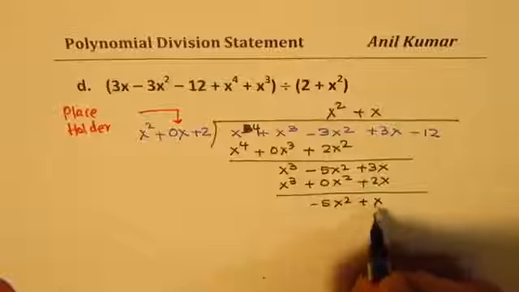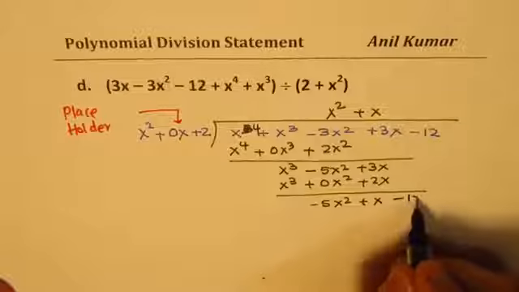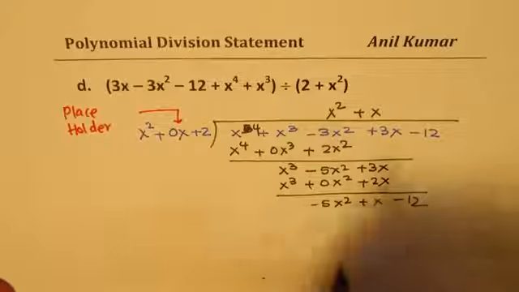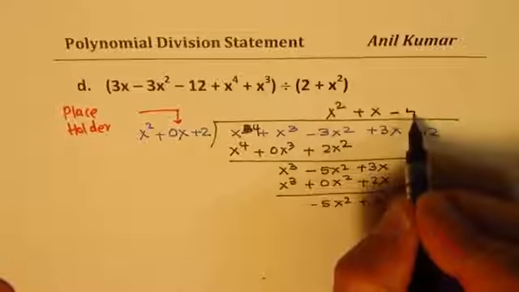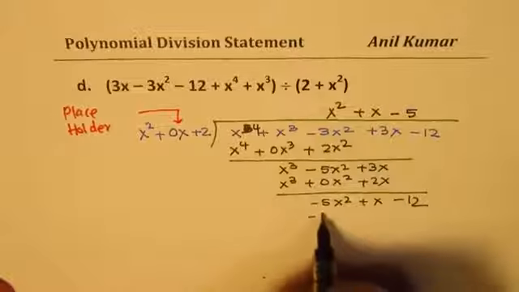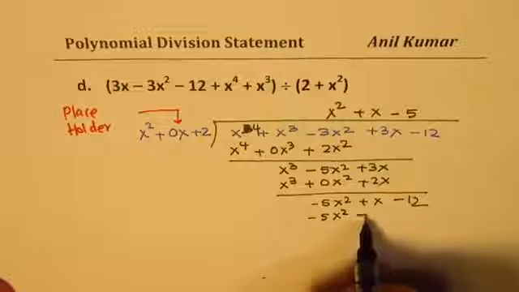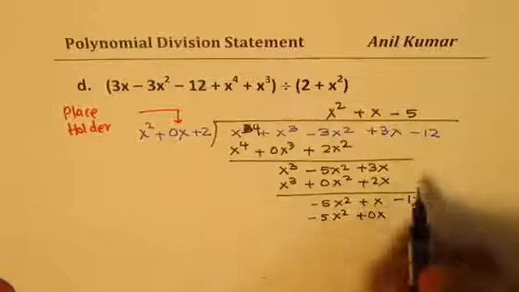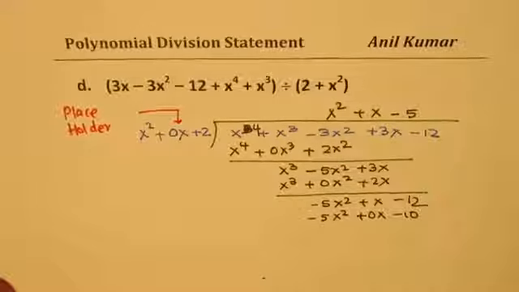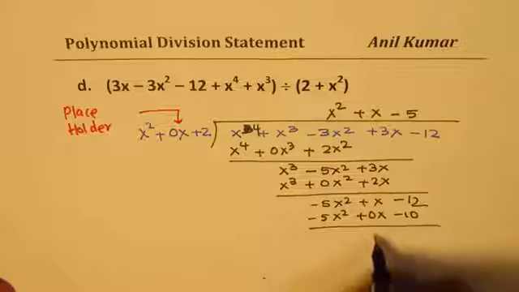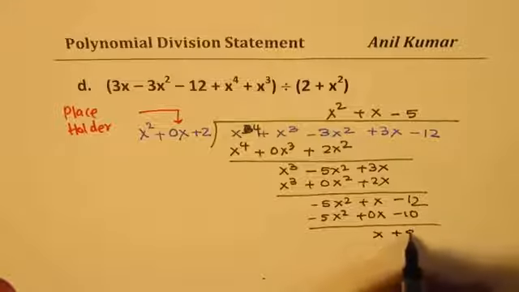This will give you plus x. Bring down minus 12. Now we need to multiply by minus 5. So we get minus 5x squared plus 0x, and this will be minus 10. Subtracting, we get our remainder as x plus 8.